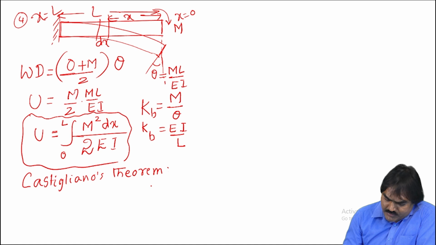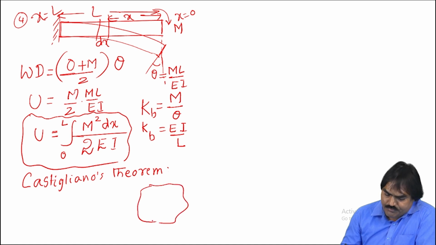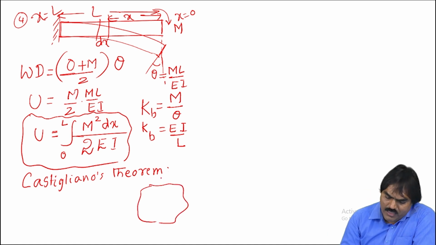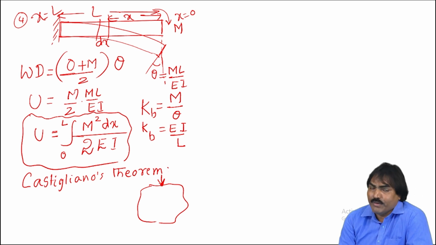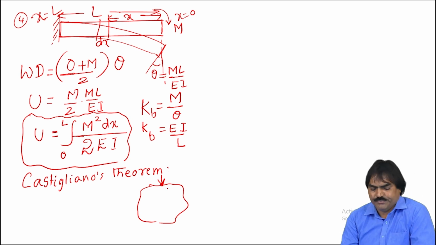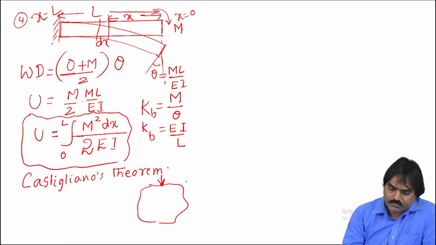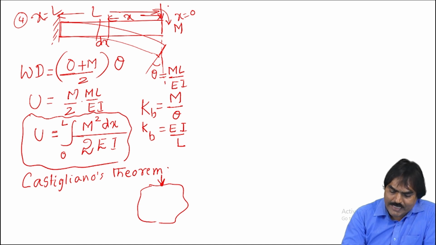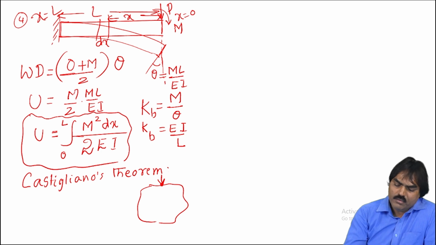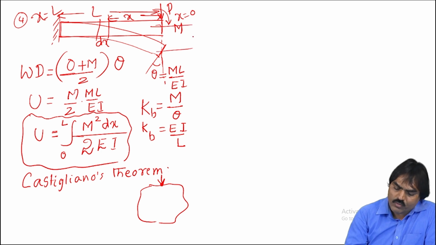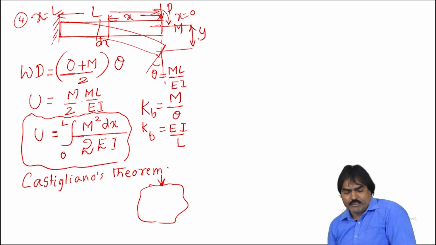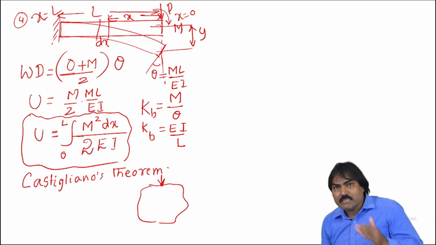Suppose there is a structure with a random cross section, and there is a load acting here. At the point of loading we'll have some displacement. Suppose I am applying a load P here, so that the beam undergoes displacement or deflection like this. Y is the deflection, theta is the slope.